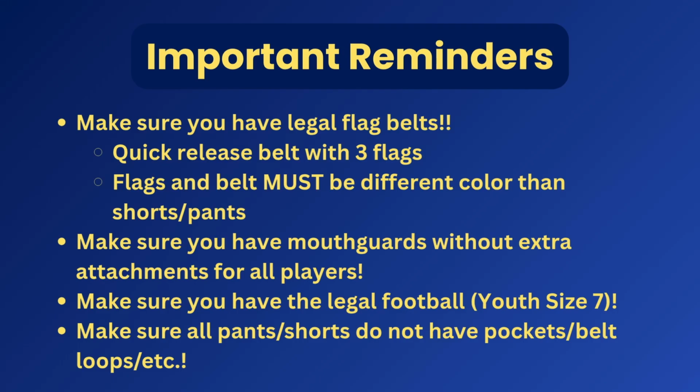They also cannot have any pockets. You cannot tape pockets. Make sure you have mouth guards without the extra attachments. All players must have a mouth guard. Make sure you have the legal size football. That is the youth size 7 football. And then again, make sure pants and shorts do not have any pockets or belt loops.